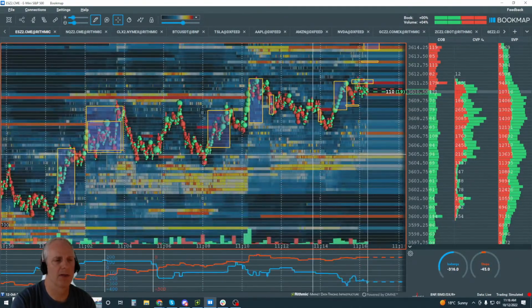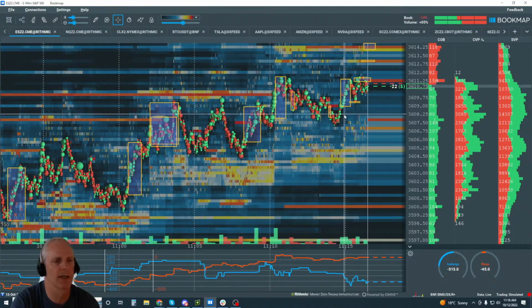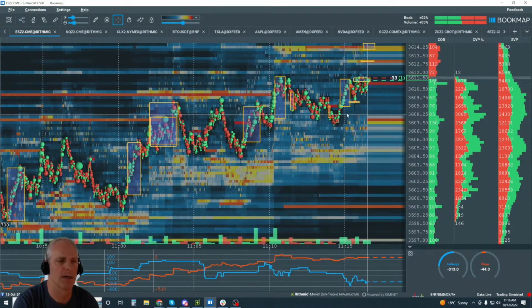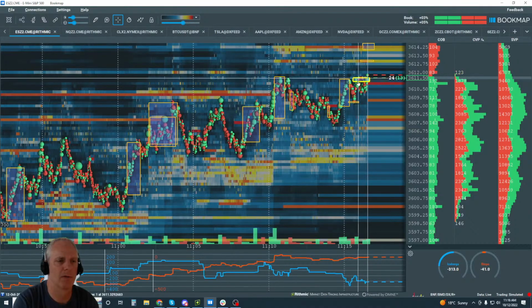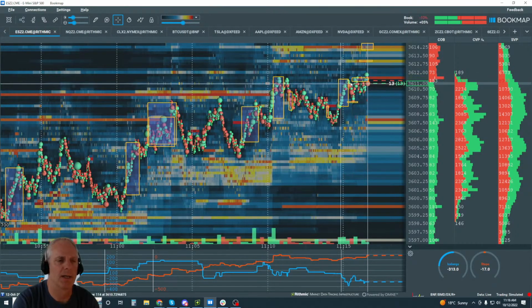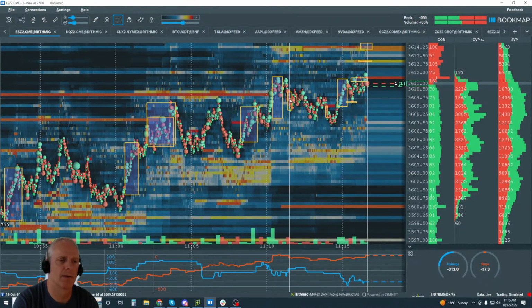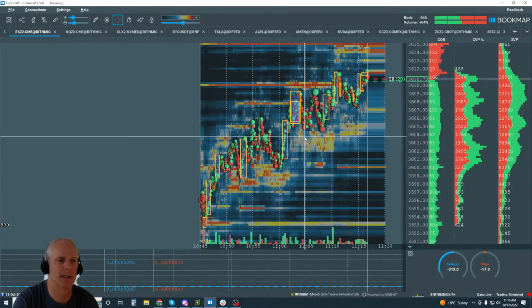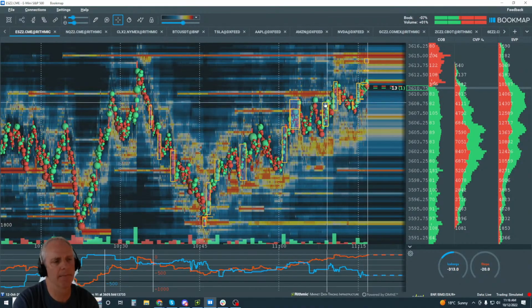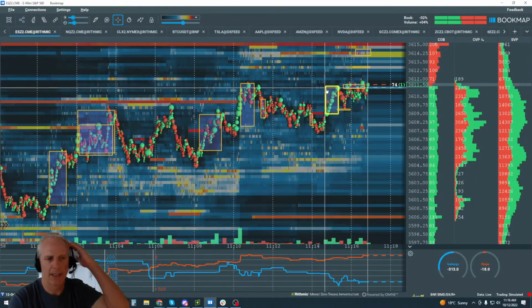Okay, there's another caveat in here. I hate to say those kinds of things because I'm trying to keep it clear and simple, right? That we're looking for these moves. The caveat here is we've already moved quite a bit for today at least, and in this move here. Now that doesn't mean it can't continue.